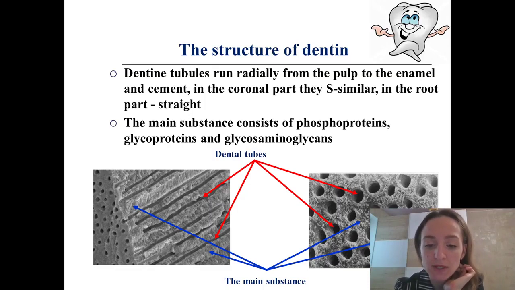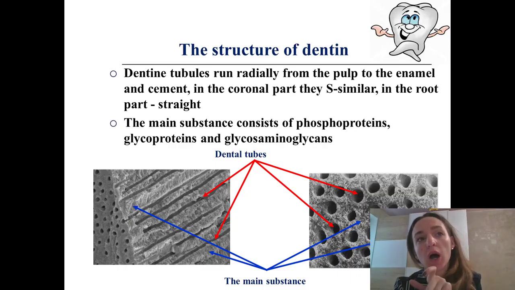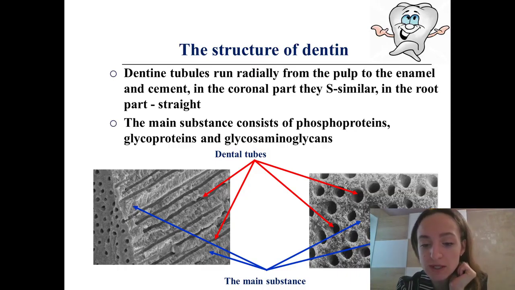Odontoblasts are considered part of pulp and dentin tissues because their cell bodies are in the pulp cavity, but they have long, slender cytoplasmic cell processes, Tomes fibers we call them, that extend from 100 to 200 microns into the tubules in the mineralized dentin.